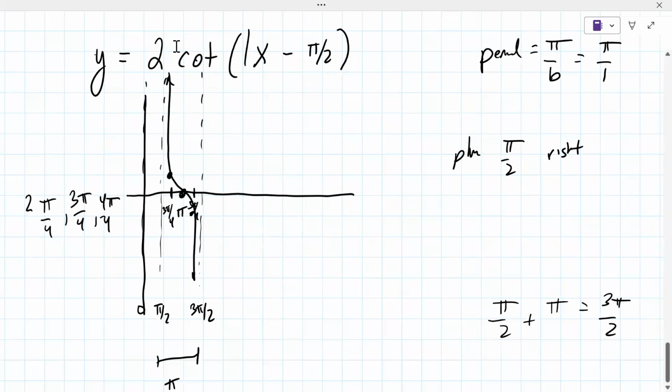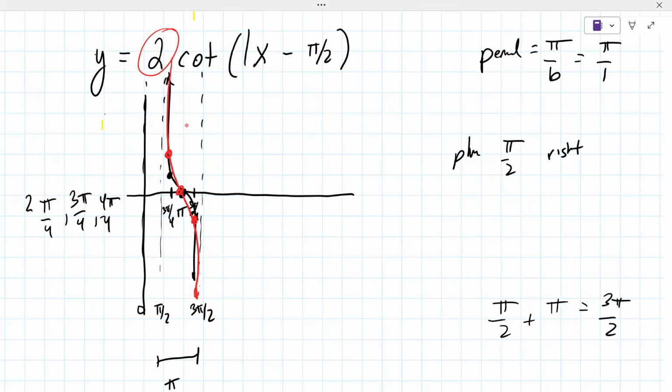And the phase shift. Now we're going to deal with the 2. We've not dealt with the 2 yet. Like I've mentioned a bunch of times, it's always better to do that kind of stuff at the end. The 2 just stretches them up. It's a vertical stretch, like that.